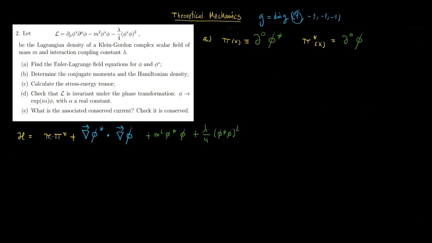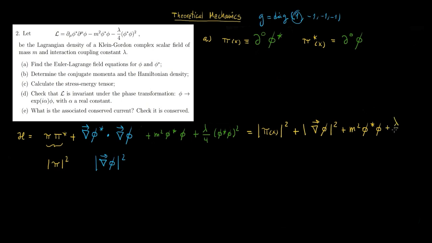Remember, this is a complex number, and also this, so we can also write this in this way. So another way to put this is the modulus of pi of x squared plus the gradient of phi squared plus m squared phi star phi plus lambda over 4.